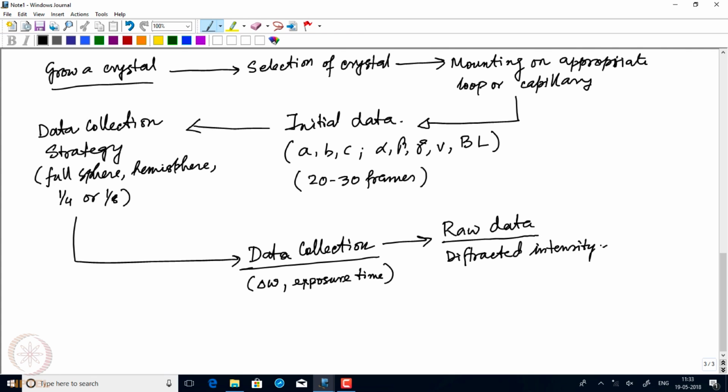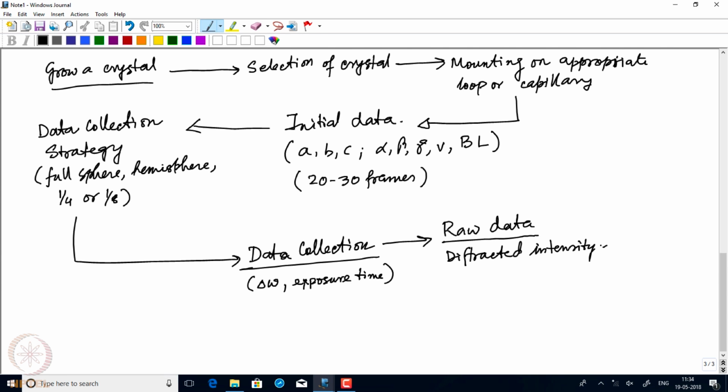Then it depends on the temperature at which we are collecting data. If we collect data at room temperature, we will have a certain intensity, because at room temperature all the atoms and molecules are vibrating over a given x, y and z width. So the electron density associated with every atom is diffused over a range on a particular HKL plane, and the intensity of diffraction is then less.